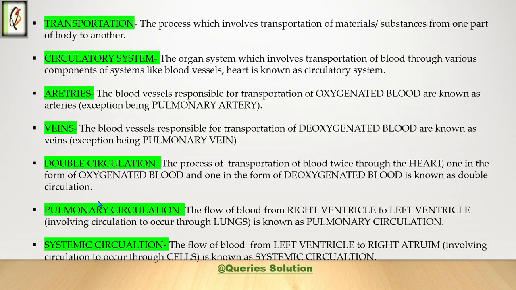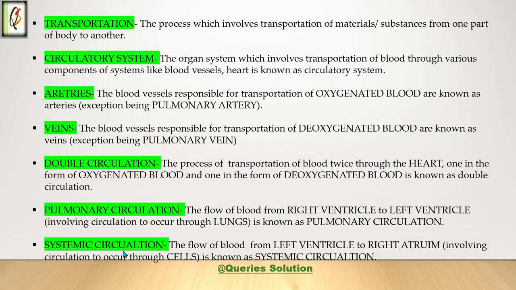There are again important concepts regarding the pulmonary and systemic circulation which you have to be aware of. Pulmonary circulation is the one which involves the flow through the lungs. That's why the name pulmonary is here. And how does the blood flow? Here the blood flows from the right ventricle to the left ventricle, covering everything from the right ventricle till the left ventricle of the heart, and that is something that we say as pulmonary circulation.